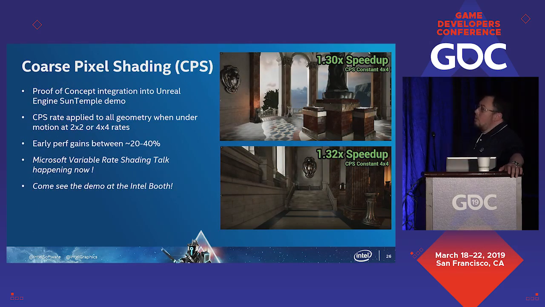As I said, we have some demos down on the show floor, so by all means come and take a look at them. Microsoft has their variable rate shading demo as well. Make sure to ask them to show you the tier 1 one, because I noticed they went from off to tier 2 right away.